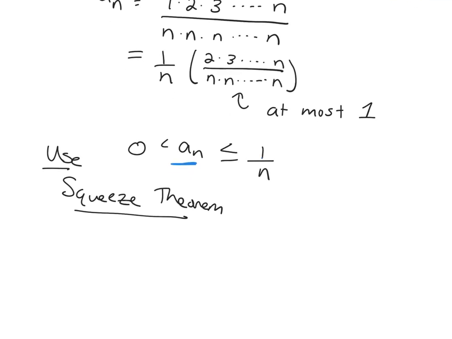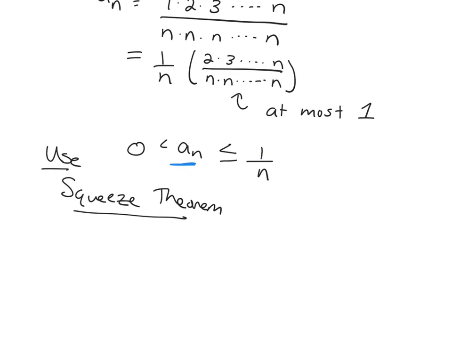So you have to take the limits of both of the 2 side pieces. The limit of 0 is 0. The limit of 1 over n, what's that? 0 as well, right?